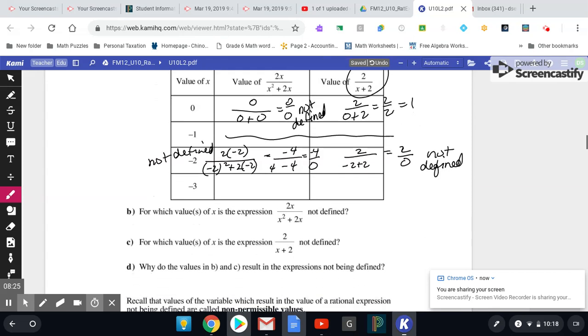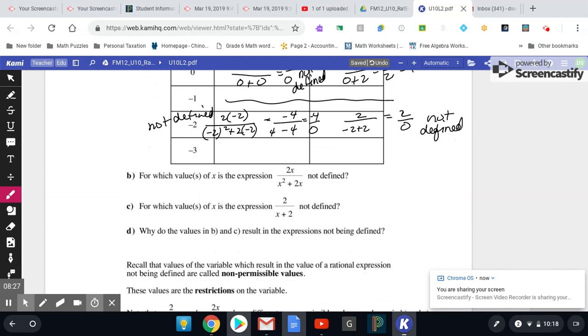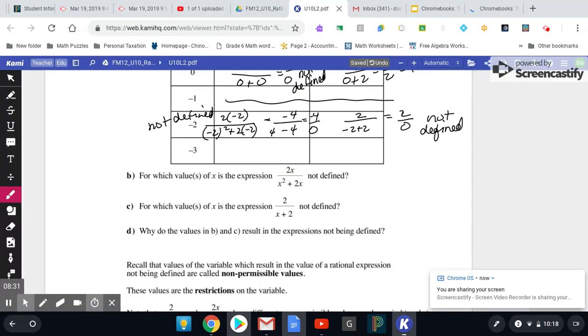So we're going to go down here and say, for which values of x is the expression not defined? If you were surprised, you shouldn't have been. If you had factored this, you would have discovered that when you pull out an x, what you have left is x plus 2. So it is not defined when x equals 0 or negative 2.